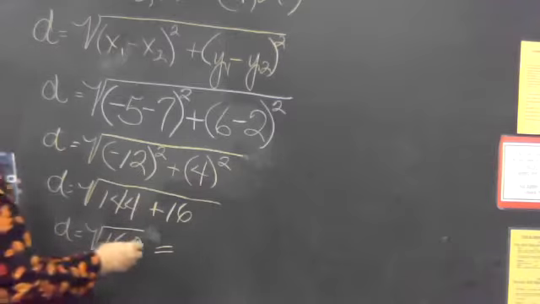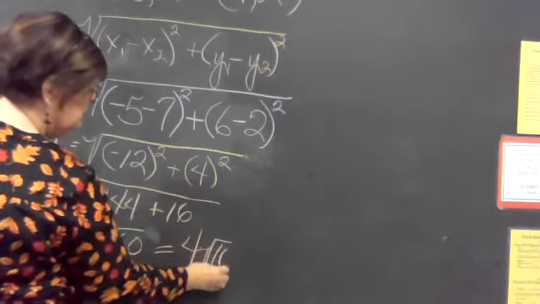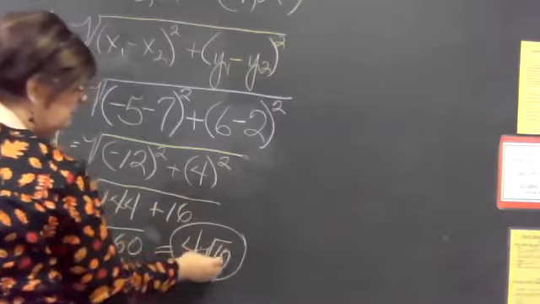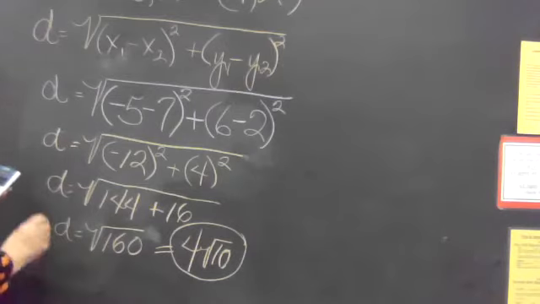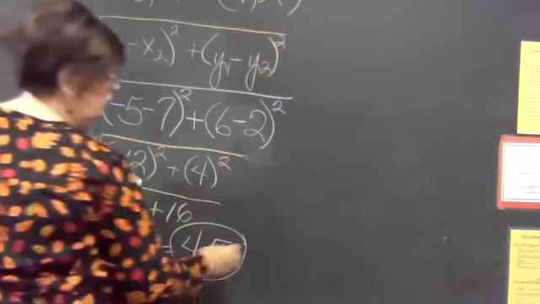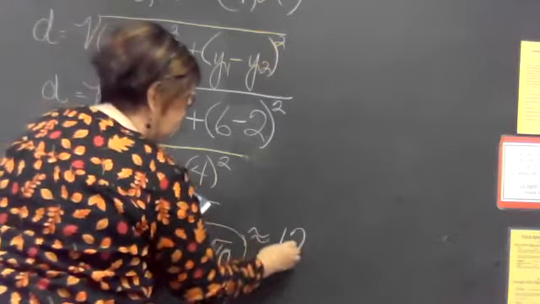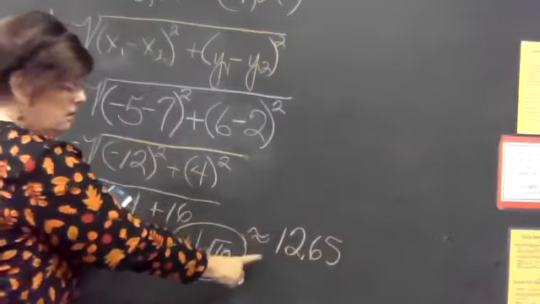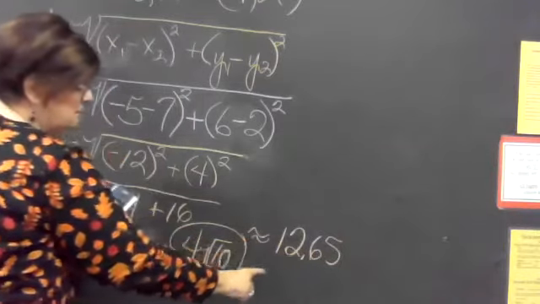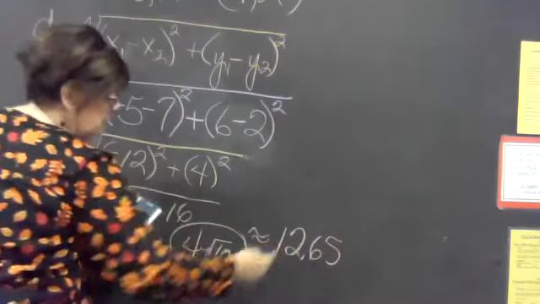You may see this format, 4 square roots of 10, in radical form, or it may be in decimal form, which is approximately 12.65. This approximate sign means that I rounded. It's not equal. This is equal; this is approximate because I rounded.